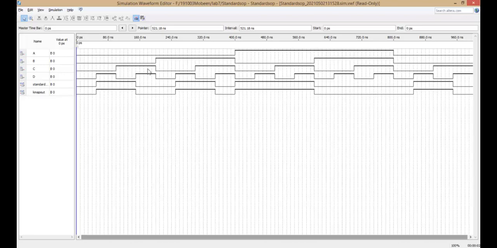When both of them are high, you can see that there is a low at the output. Now to get a high at B, it has to be high with either C or D, as it cannot have a high value with both C and D high.